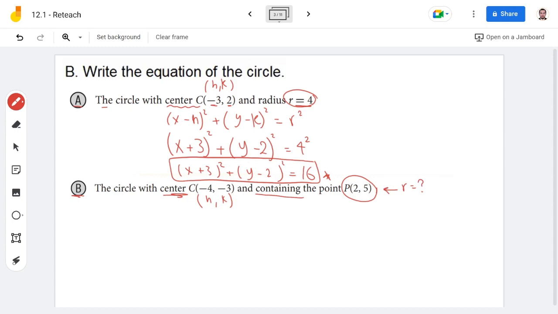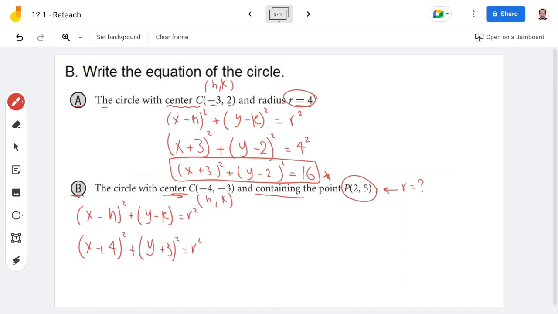As I see here, I have -4 and -3. So the formula should be (x minus h) to the power of 2 plus (y minus k) equals r squared. So now x minus h is positive, so it will be (x plus 4) to the power of 2 plus (y plus 3) to the power of 2 equals r squared.